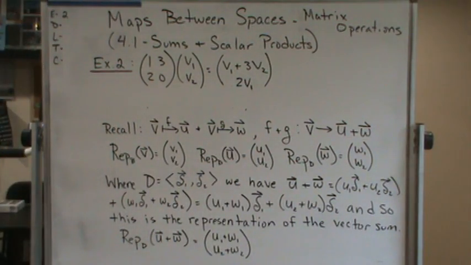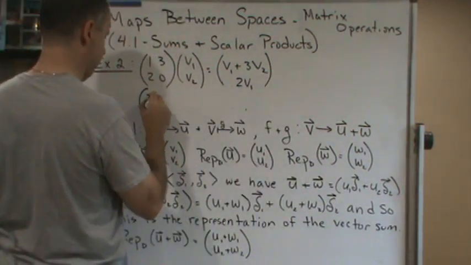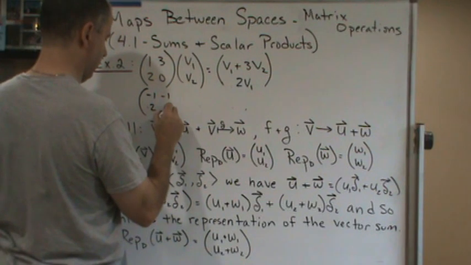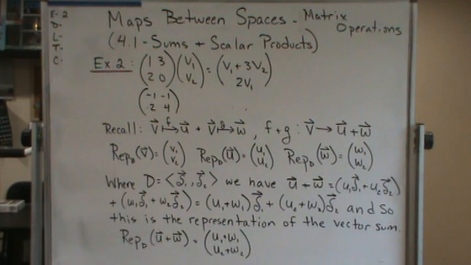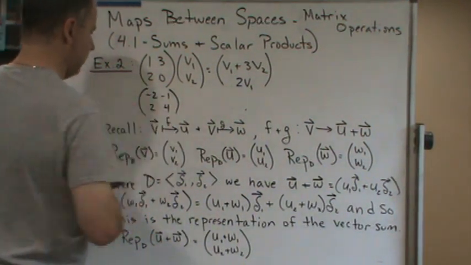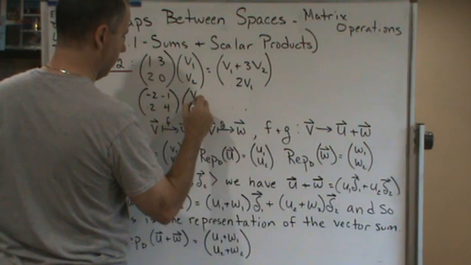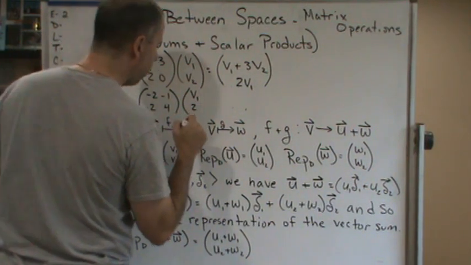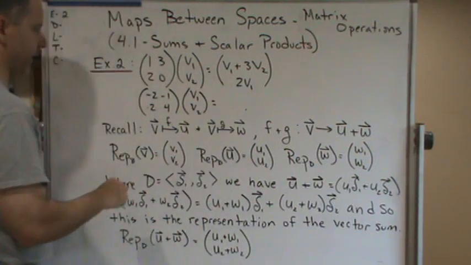That's for the first one. And then the other representation, -2, -1, 2, and 4, times v1, v2 equals this again.